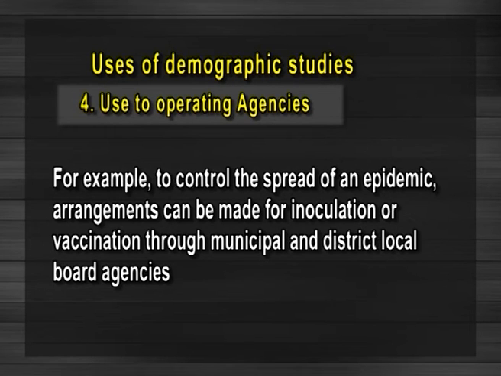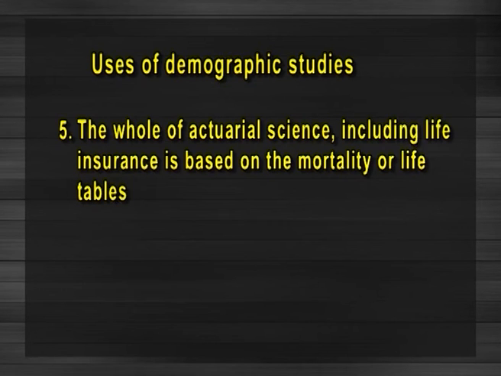For example, to control the spread of an epidemic, arrangements can be made for inoculation or vaccination through municipal and district local board agencies. The whole of actuarial science, including life insurance, is based on the mortality or life tables.